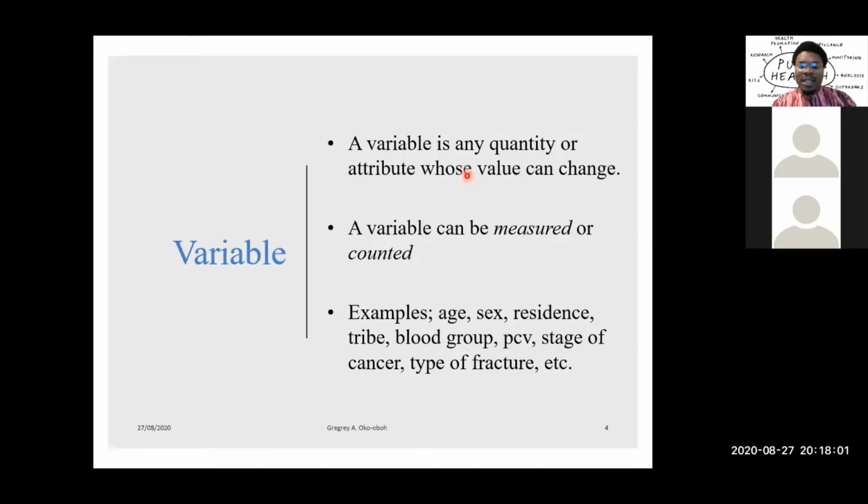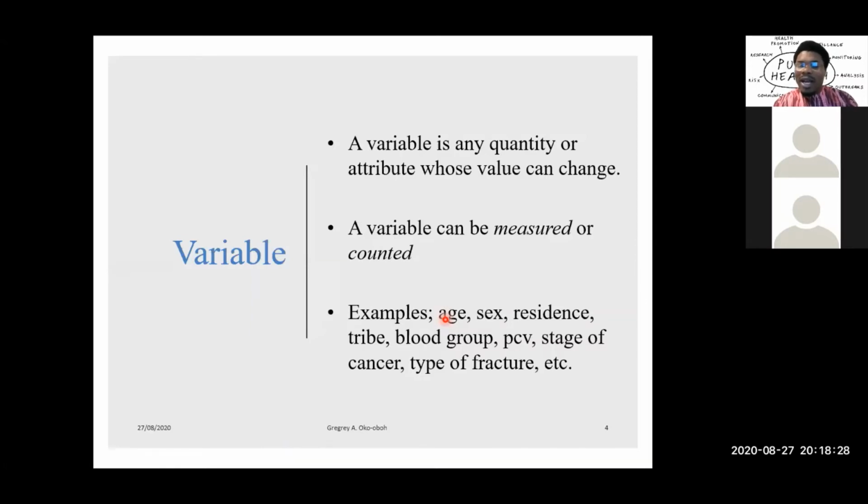So for example, as you see down here, age. Age is a variable because it can change. Sex is a variable because it can assume two forms in humans. Residence is also the same thing. Tribe, all these can change and assume different values for different entities. That is why they are referred to as a variable.